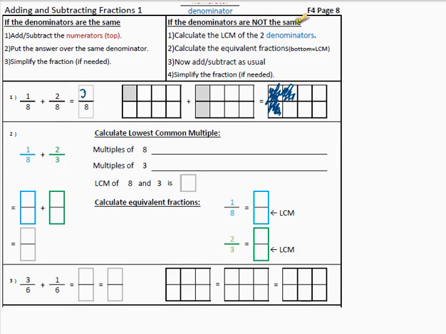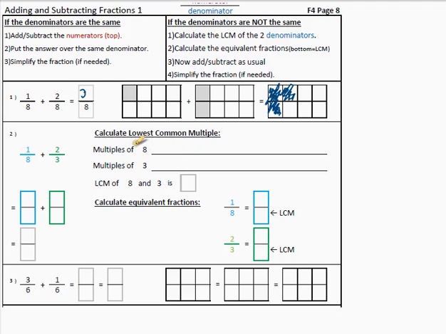If the denominators are not the same, calculate the lowest common multiple of the two denominators. Calculate equivalent fractions with the bottom equal to the lowest common multiple. Now add or subtract as usual and simplify your answer. Okay, we had 1/8 and 2/3. So we want to work out what is the lowest common multiple.